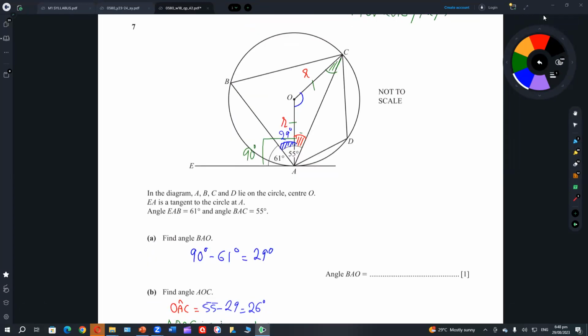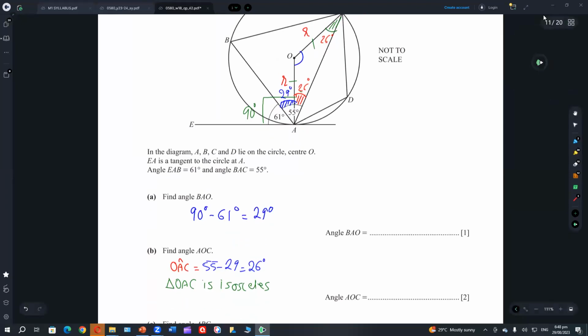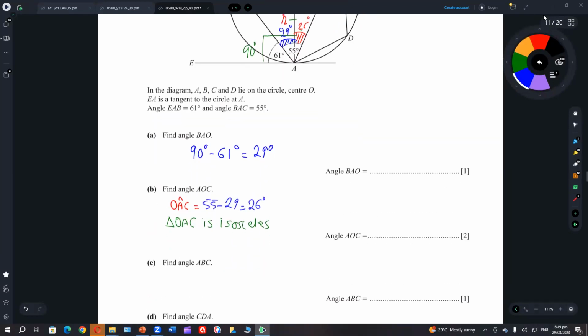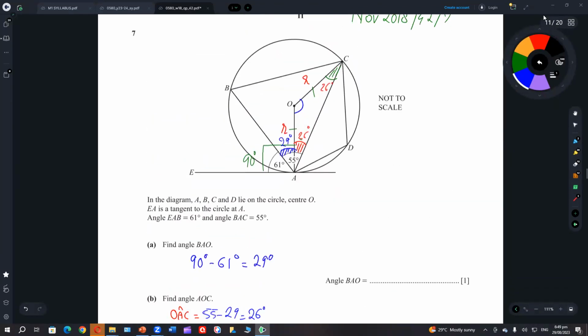Now, this angle is 26 and this angle is also 26. So can you find the angle at the center? I know two angles in a triangle.